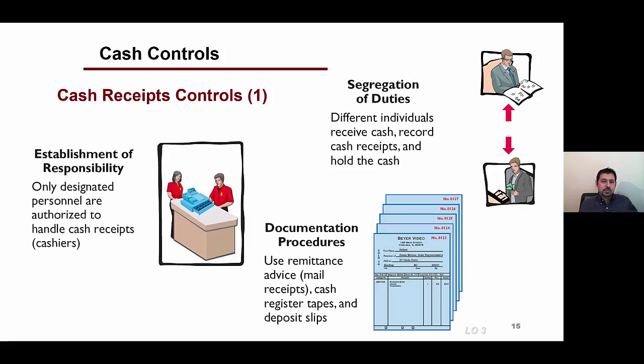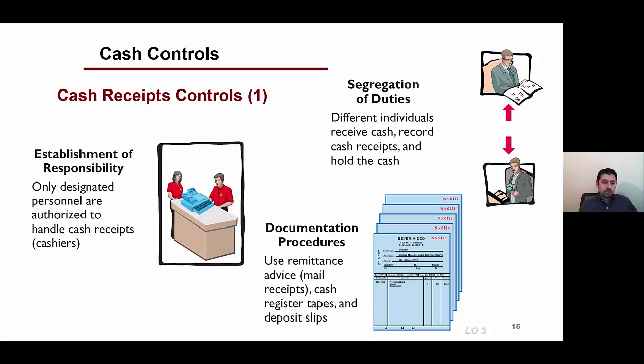We need to make sure that the person who handles the cash would be different from the person who handles the cash register. So the persons who record the cash would be different from the persons who receive or handle cash. This is segregation of duty.